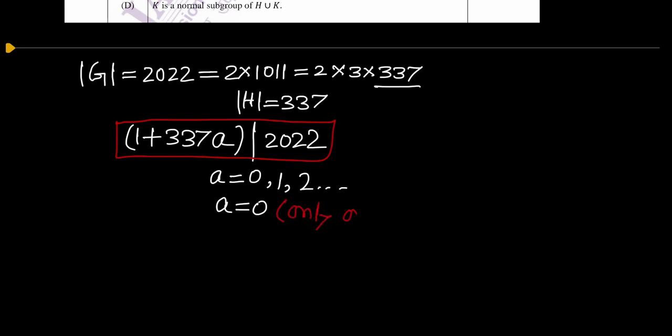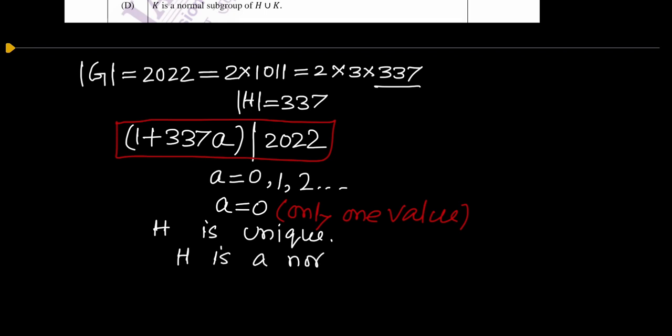Since we have only one value, this subgroup H is unique, and any unique subgroup is a normal subgroup. So H is a normal subgroup.